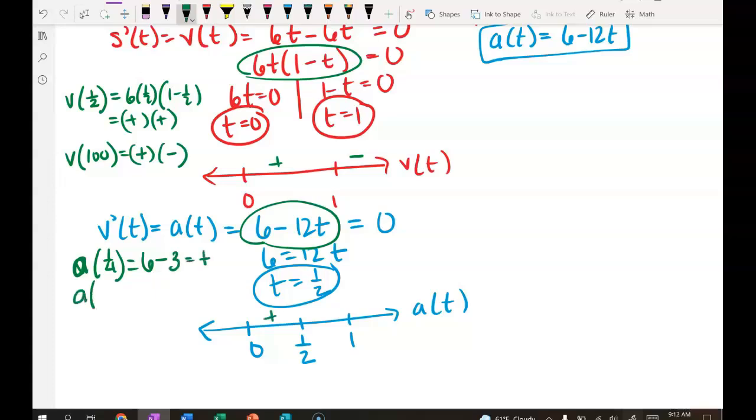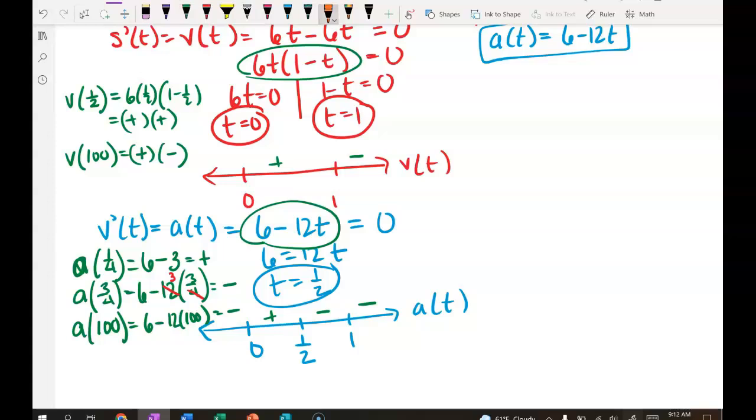Then the next one, I'm going to pick 3/4. So 6 minus 12 times 3 over 4 reduces to 6 minus 9, which is negative. Then we're going to pick 100. 6 minus 12 times 100, obviously that's going to be negative. So this is negative.